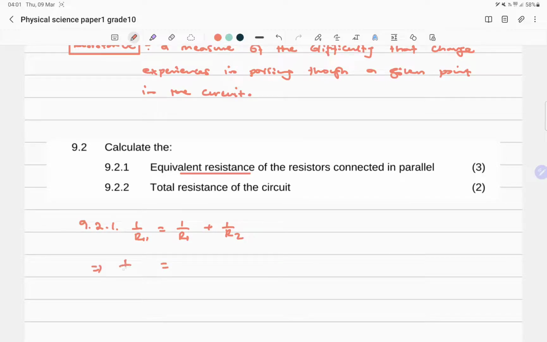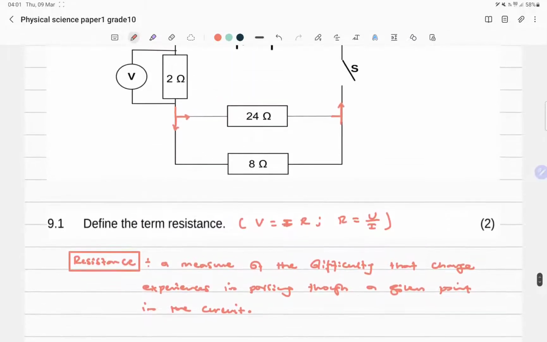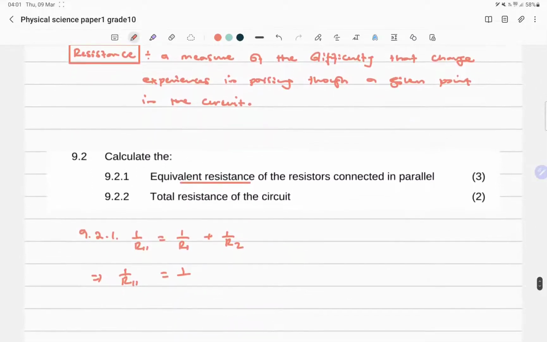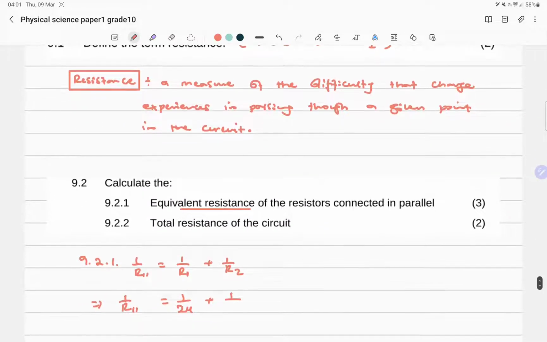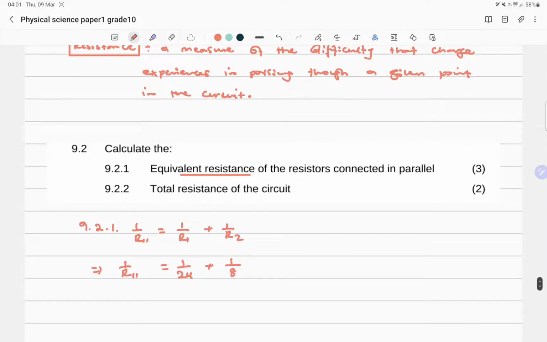This implies that 1 over R parallel is 1 over 24 plus 1 over 8. Looking at this, 8 goes into 24 three times, so the common denominator is 24. So it's going to be 1 plus 3. Great stuff.